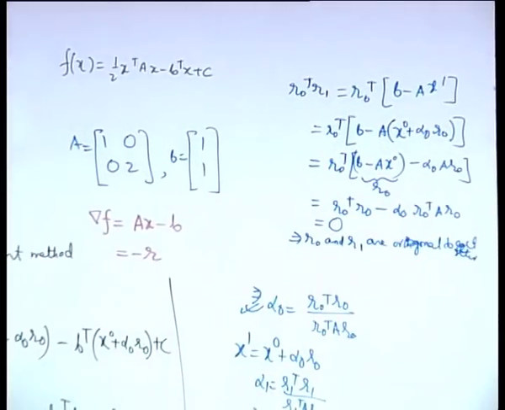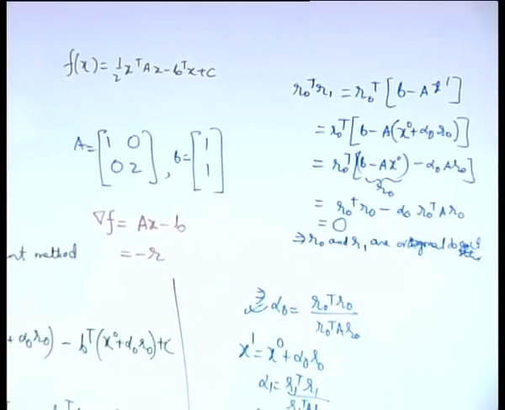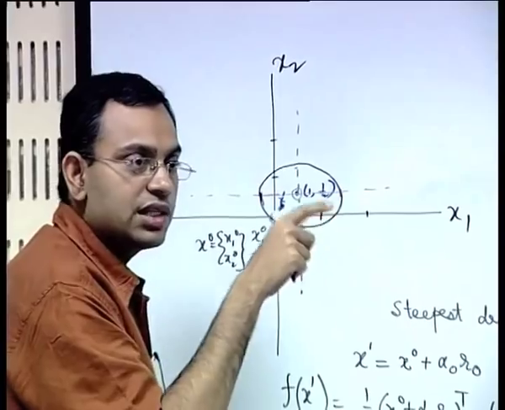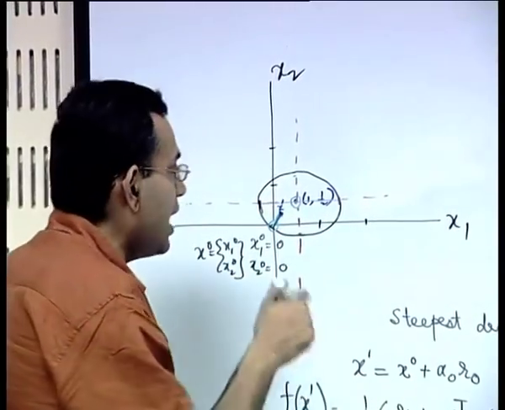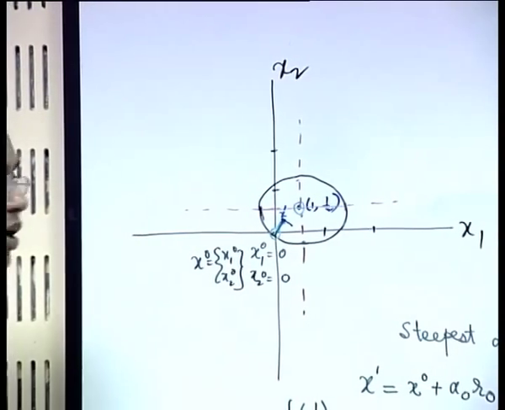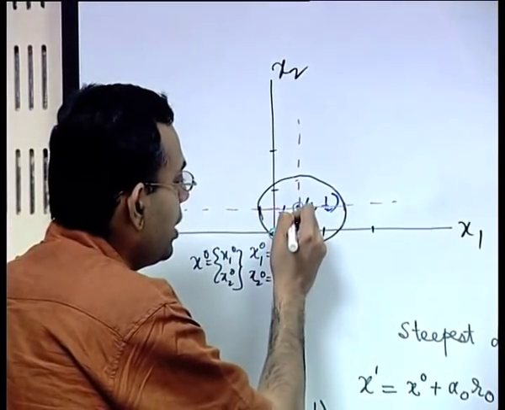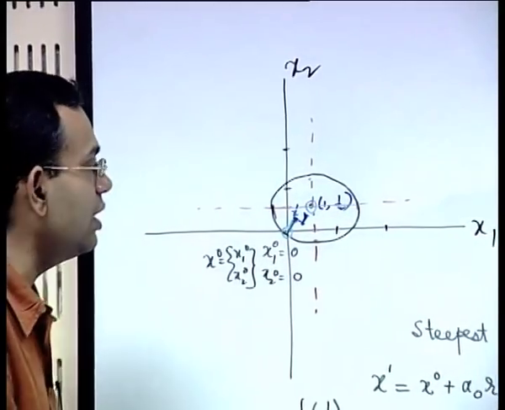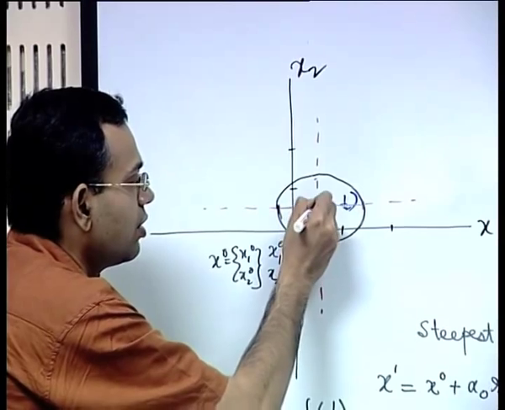So what we learned from this? First we moved along the direction of r0, next we will move along the direction of r1, which is x2 minus x1, and that direction will be perpendicular to this direction. In this way we will be moving in mutually perpendicular directions in several steps, depending on how many steps are necessary, till you reach the solution.